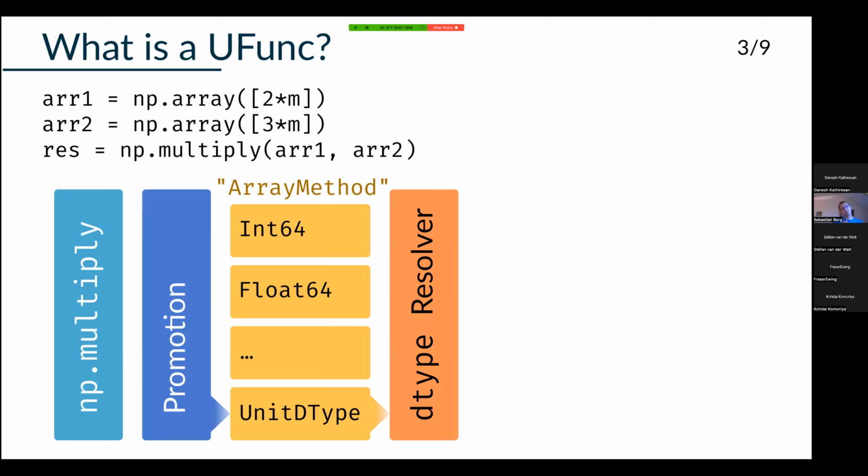So now, what we have done until now was find the correct loop. We know that the UnitDType implementation is what we have to use. But one thing we need to do is check the dtypes of the input arrays, in this case meter times meter, and we have to tell NumPy that the output is going to be meter squared. So we need to resolve the dtypes that our method supports, and what the result should be.